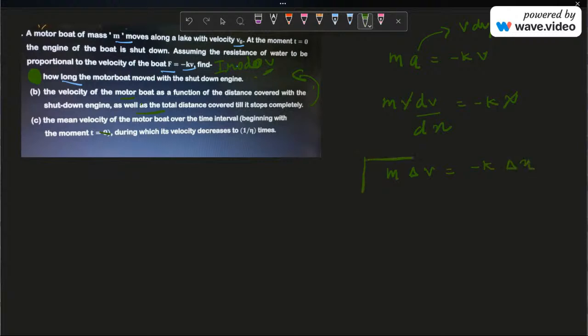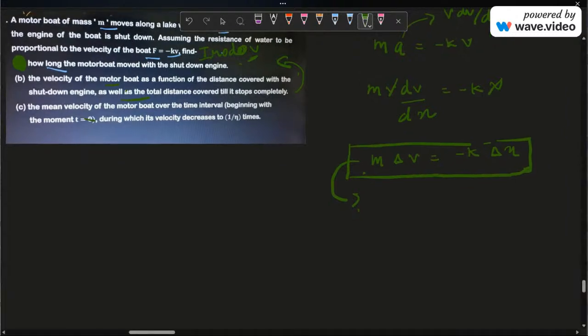This is a better statement, because when I had written it with x and v, it would somehow imply that it is talking about the instantaneous velocity, but no, it is about the change in velocity. So delta x is the distance covered, and the final velocity of the motorboat will be v. It is asking about the instantaneous velocity of the motorboat. So m into v minus v naught is equal to minus k into delta x. So yeah, this is the final answer to the b part.